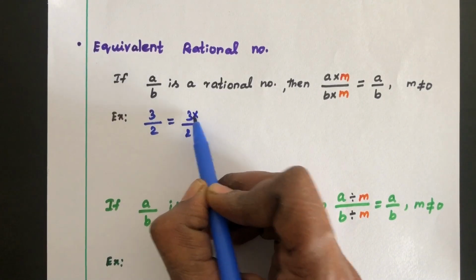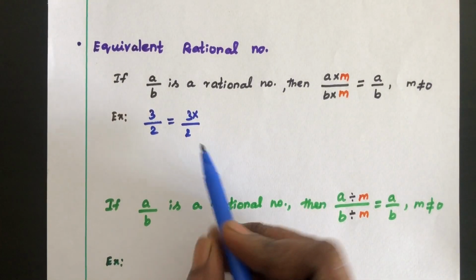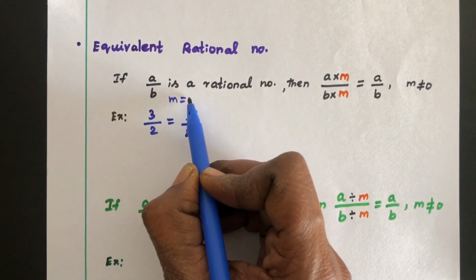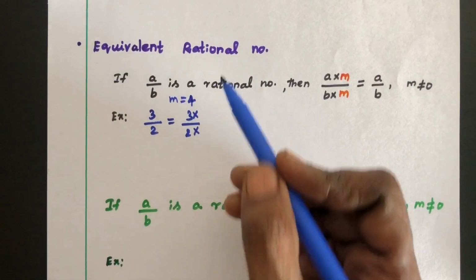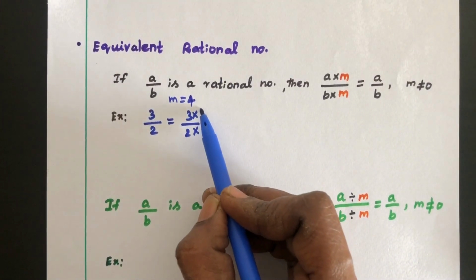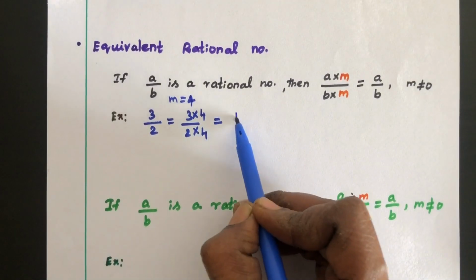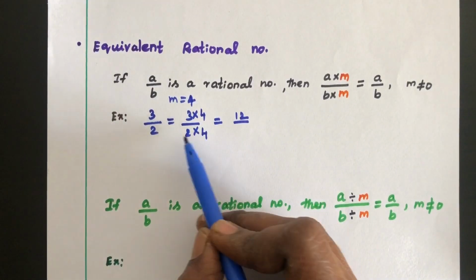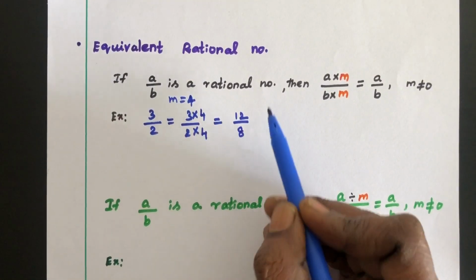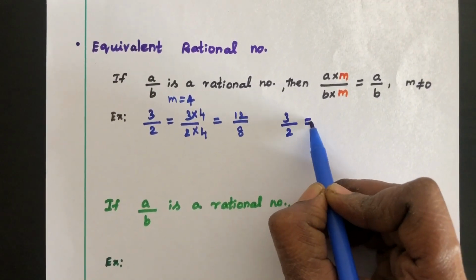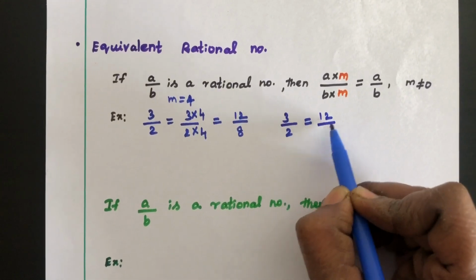If we multiply the numerator and denominator by the same number, let our m be 4. So multiply 4 in the numerator and also in the denominator. 4 3s are 12 divided by 4 2s are 8. So 3 by 2 is equivalent to 12 by 8.